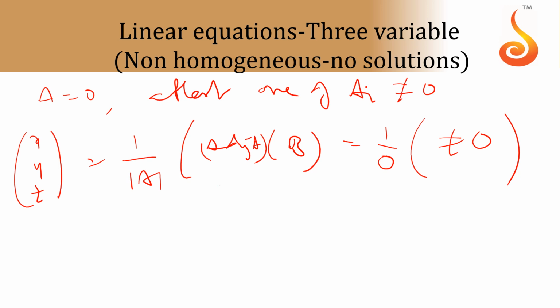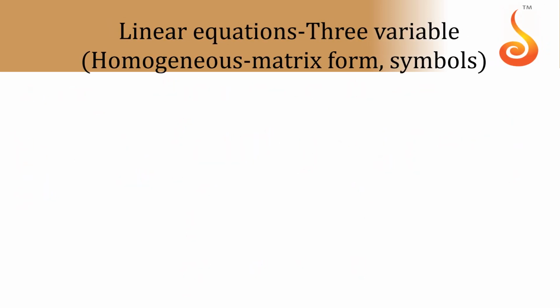Then in the augmented matrix, the last row will be 0, 0, 0, but a non-zero value. Observe carefully: the rank of the augmented matrix is 3, but the rank of the coefficient matrix is 2. So the ranks are not equal, and there is no solution. When there is no solution, we say the system is inconsistent. When solutions exist, either unique or infinite, we say the system is consistent.